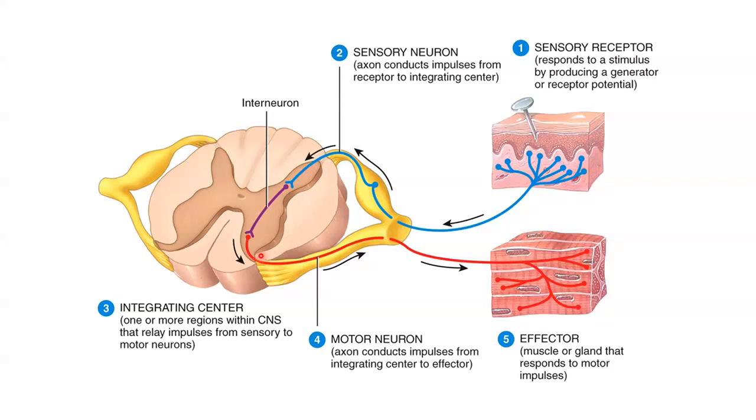Or the integrating centre can be the synapse directly between a sensory neuron and a motor neuron. We then have the motor neuron, which propagates the information or the motor output towards an effector. And then our effector, which is typically a muscle or a gland that carries out the response.